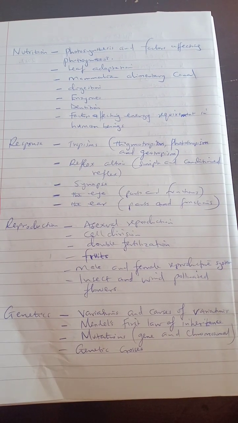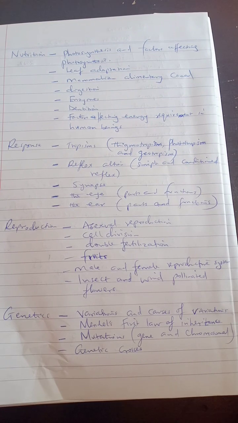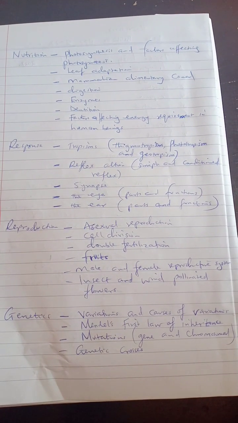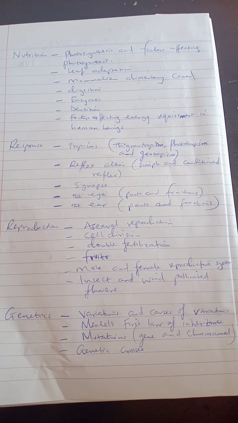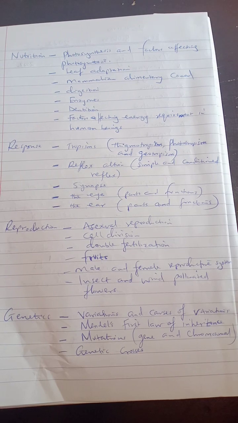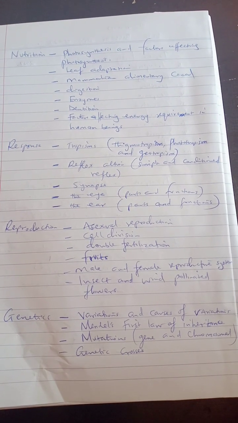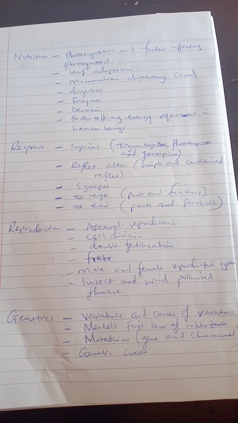Double fertilization in flowering plants, you have to know what happens. Basically, if you are given the embryo sac, you have to know where the synergids are, where you have the polar nuclei, where you have the functional egg, where the male nuclei come into the embryo sac.